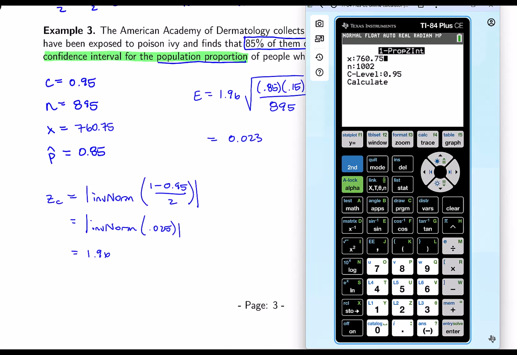But it's going to be a bit strange here, because when you input x as a non-integer value, it's going to get mad at you. So you do have to round this to the nearest integer. So that would be 761. N is 895. Our level of confidence is 0.95.